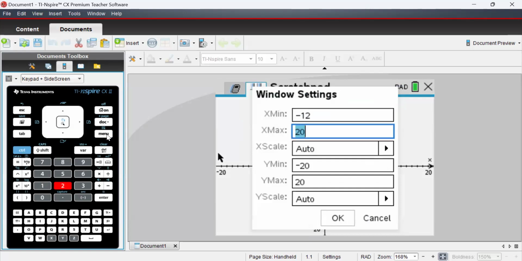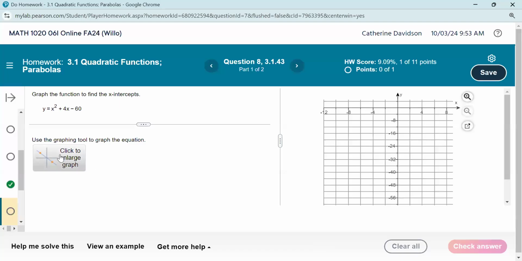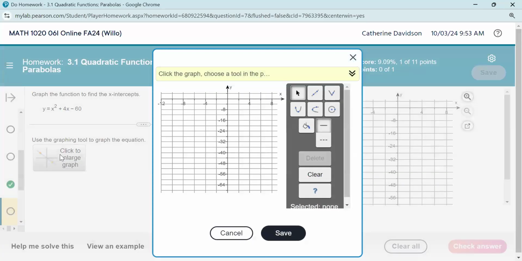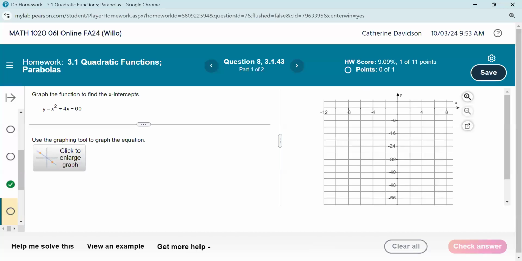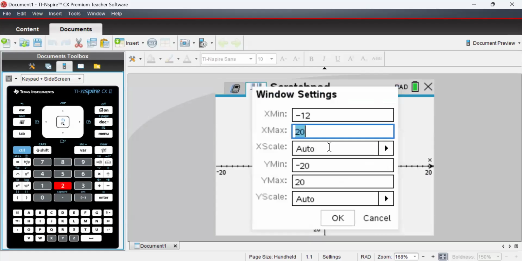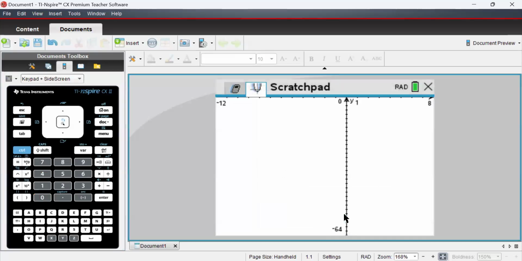Let me look at that real quick. I didn't write those down. 12, 8, 64, 0. Looks pretty similar to what they have.